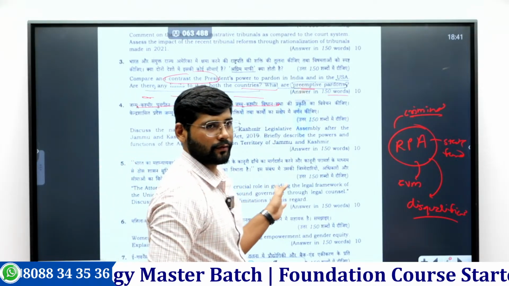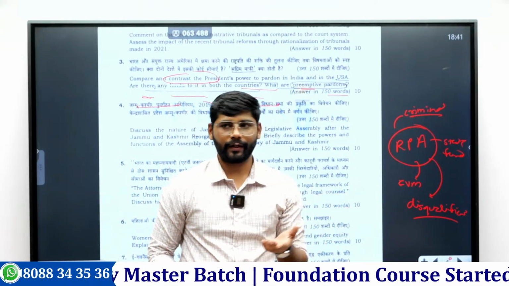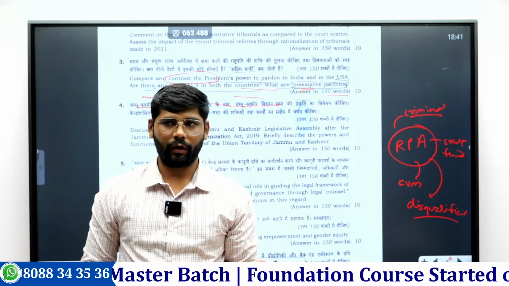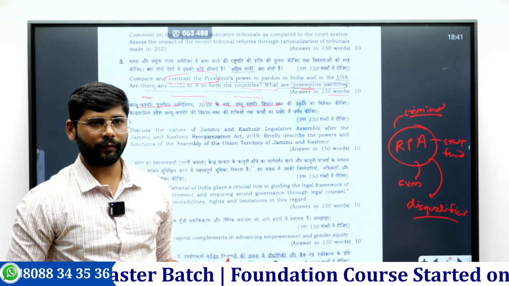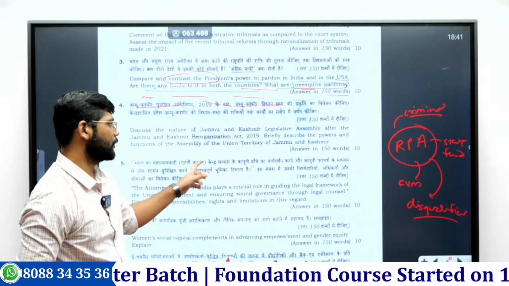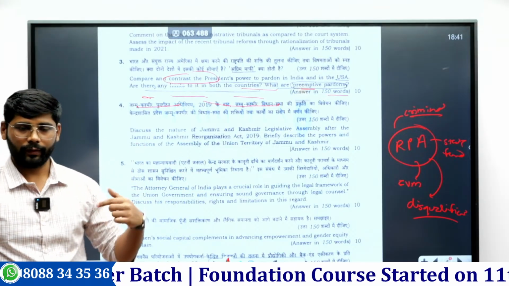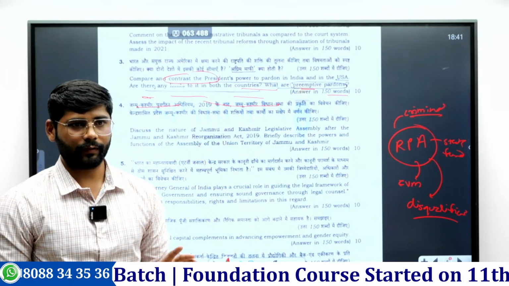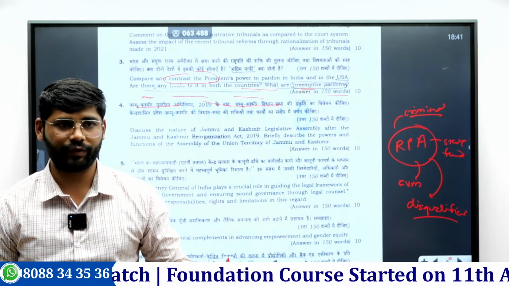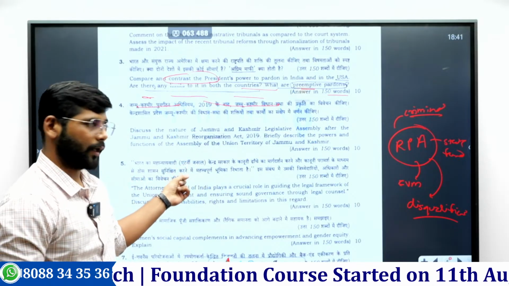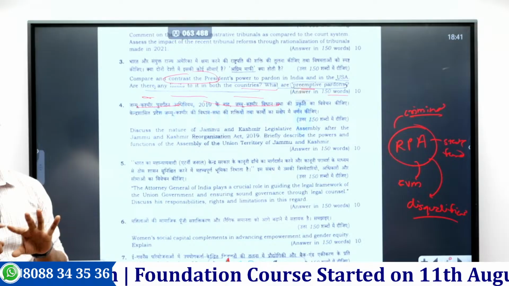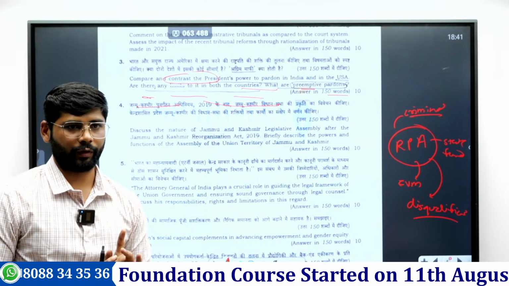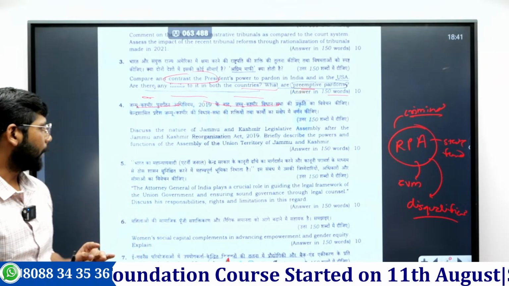Why is it in the source of current affairs? Because last year the Supreme Court upheld the government's power to abolish Article 370, so it was in the news. Also previously, when the government abolished Article 370 and revoked the status, it came in the news. So two sources are there: current affairs and a previous year question.